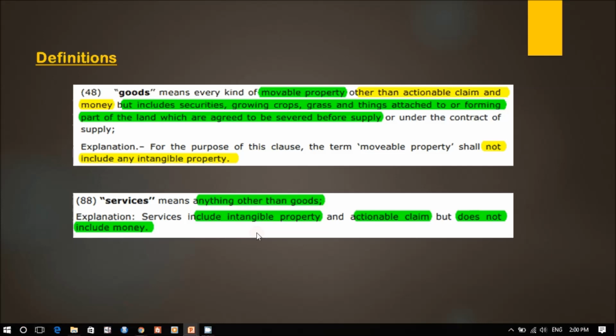Now one thing arises. Anything that is immovable is going to be service, because goods means every kind of movable property, and services means anything other than goods. So if there is any immovable property, then it would be service.